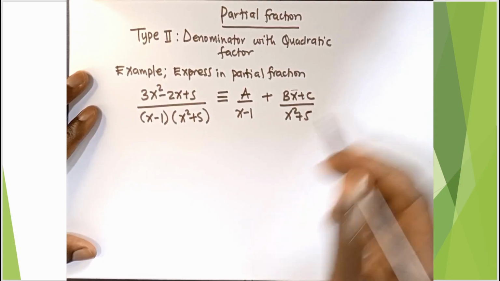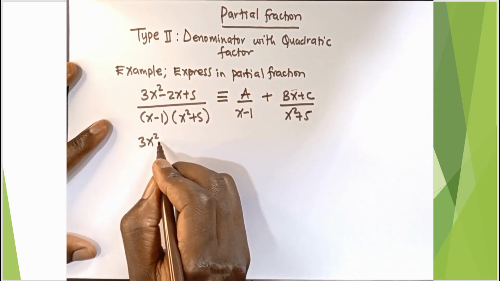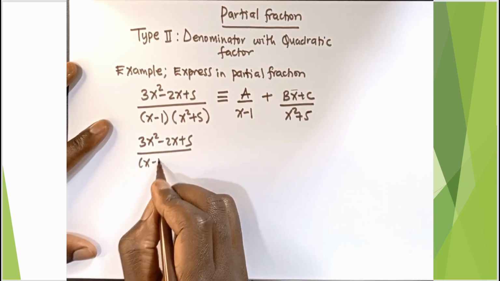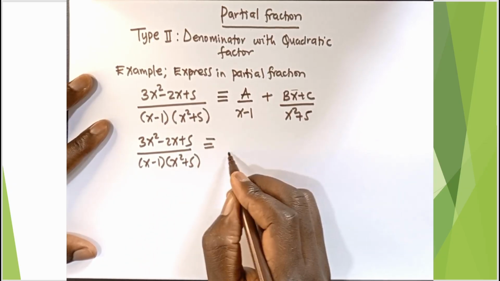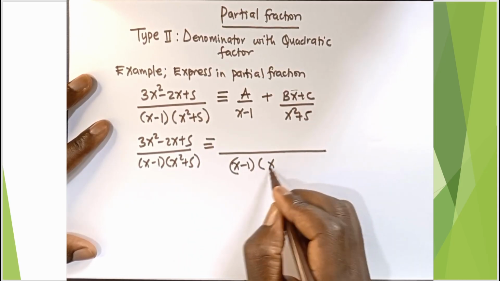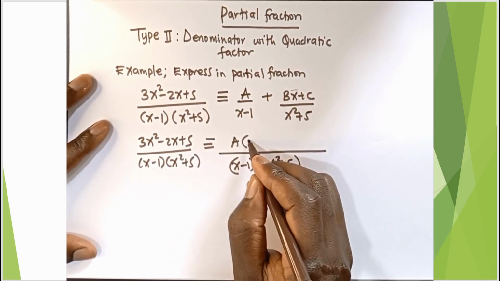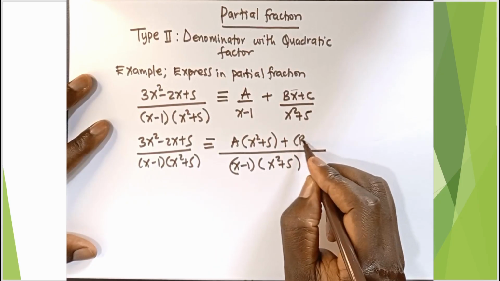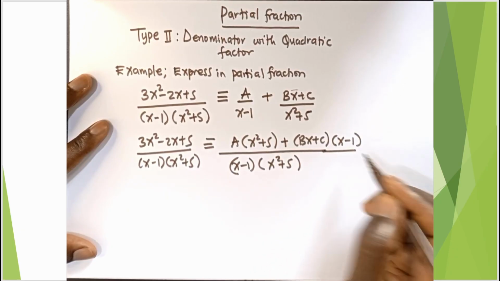So after reaching here, we do the same thing. We get the LCM, so we shall have 3x squared minus 2x plus 5 out of x minus 1 into x squared plus 5 is identically equal to, so the LCM will be x minus 1 into x squared plus 5. So we shall have A into x squared plus 5, plus bx plus c into x minus 1.